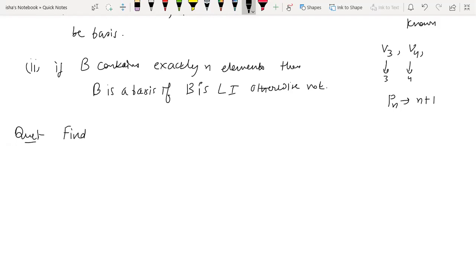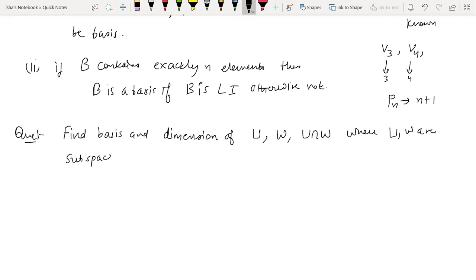This is going to be the statement of the question: find basis and dimension of U, W, U intersection W, where U and W are subspaces of V4, defined by certain conditions.